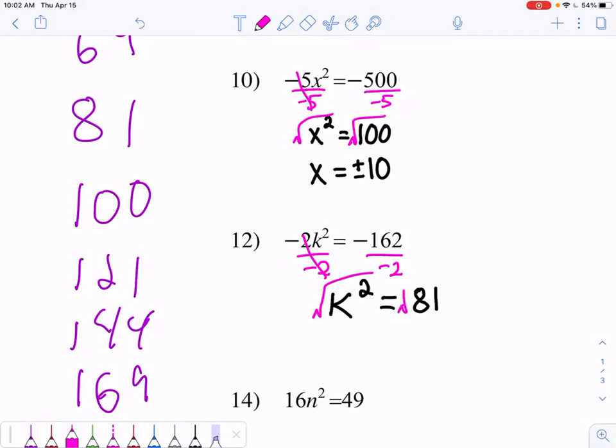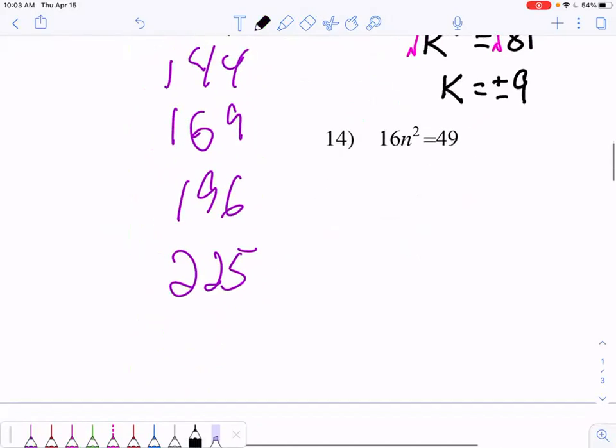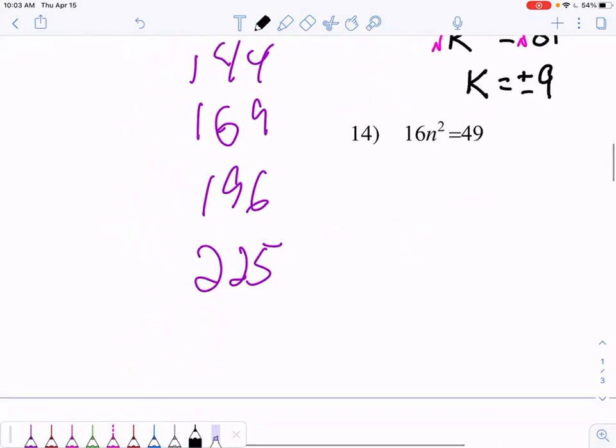Good. You said square root. And what do you get your answer to be? Not just 9, but yeah, positive or negative. Both answers. Very, very good. Now we'll just finish it up here. Anya, what would we do for 14?